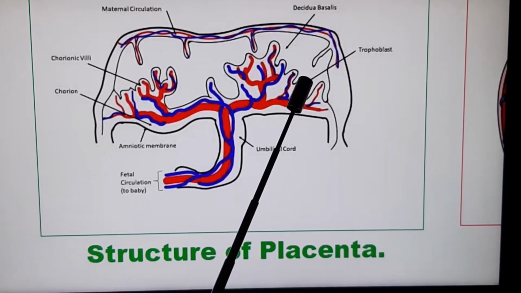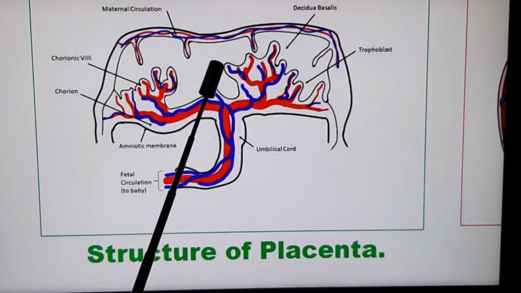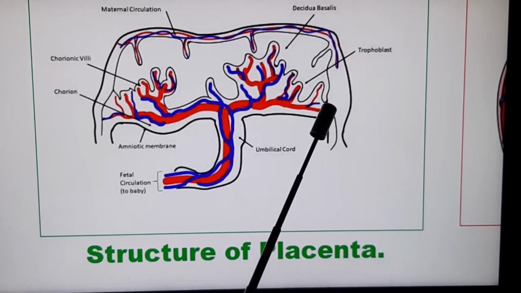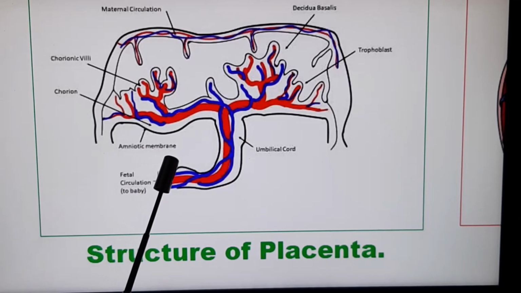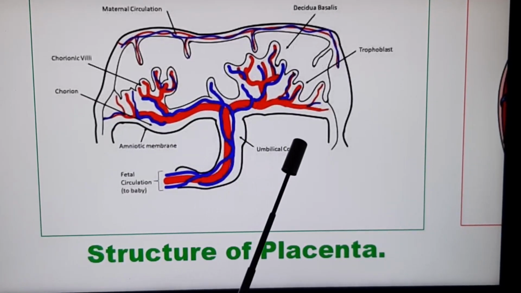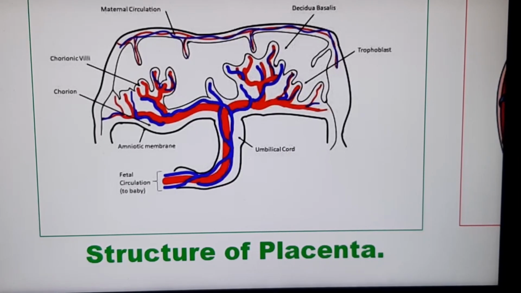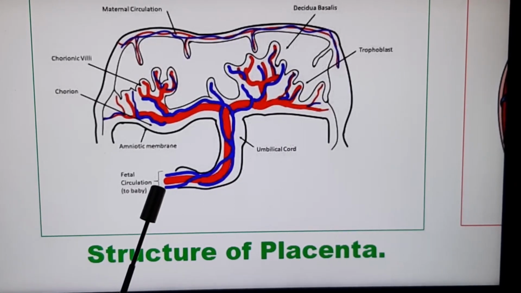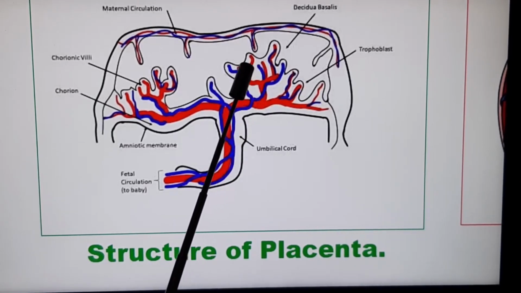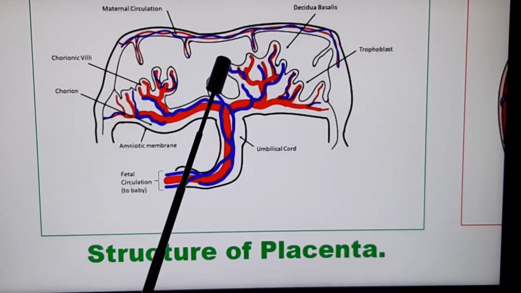And this is the trophoblast of the embryo, and the amniotic membrane which encloses here, and thereafter the amnion is formed, which is filled with the amniotic fluid later. So from here we can see the circulation from the fetus. Fetal circulation reaches up to the placenta, up to here, and it stops.